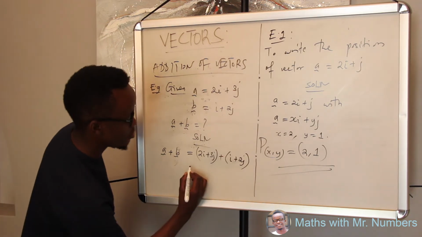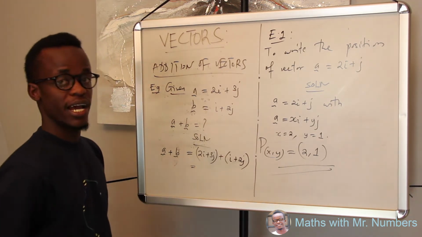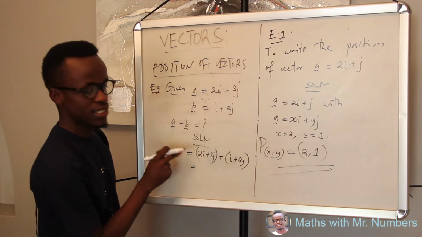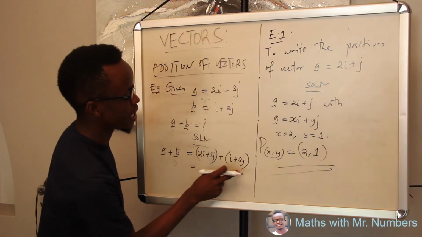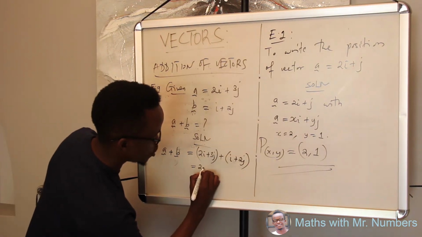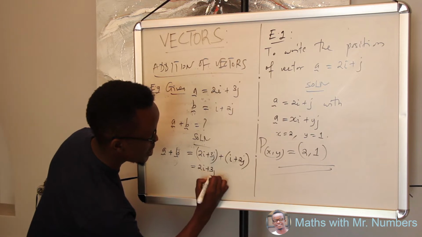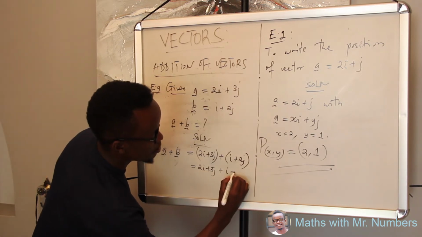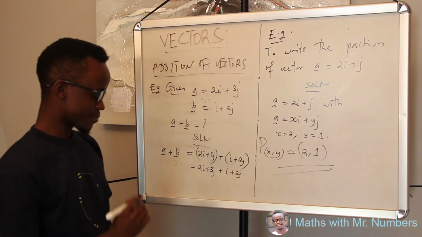After that, you have to open the bracket by the number outside the bracket. The number outside the bracket of vector A is 1, and the number outside the bracket of vector B is 1. Therefore, we get 2i plus 3j plus i plus 2j.